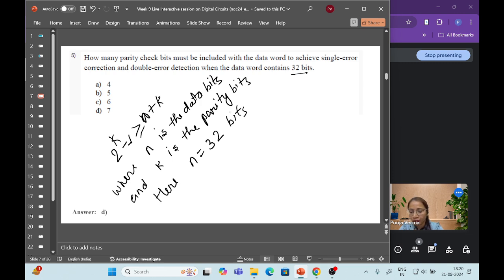Now we need to find k. So 2 to the power k minus 1 is greater than or equal to 32 plus k.